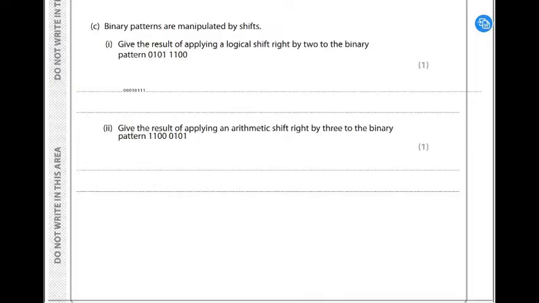Okay, part B. Part 2. Give the result of applying an arithmetic shift right by 3 to the binary pattern 1, 1, 0, 0, 0, 1, 0, 1.